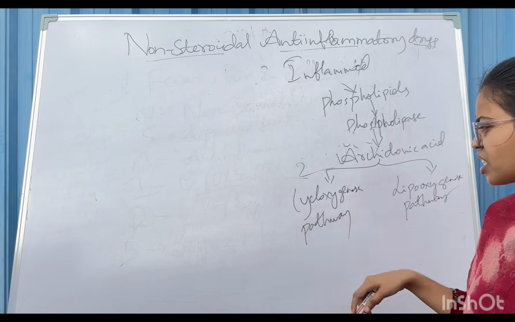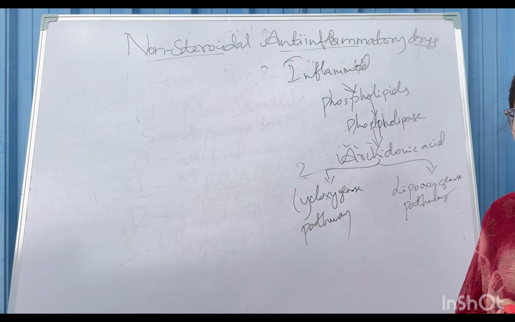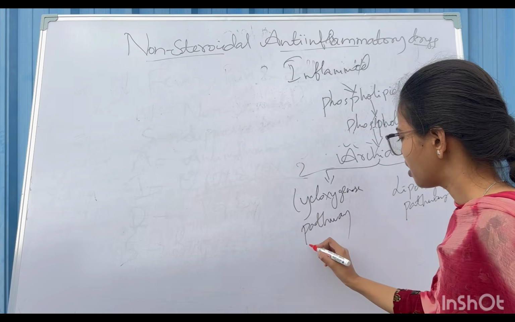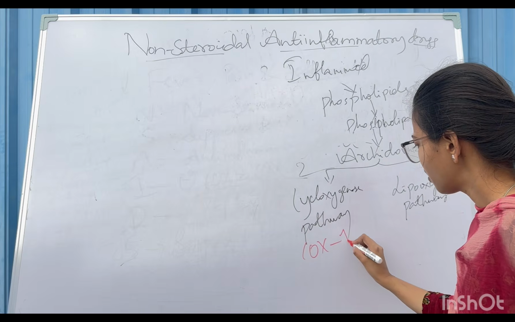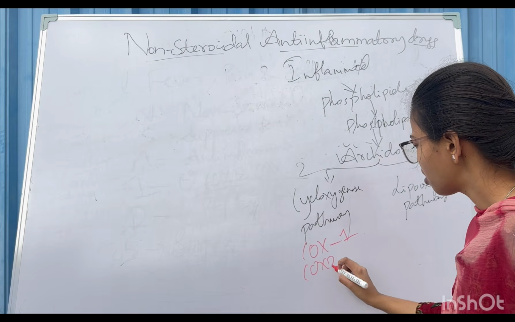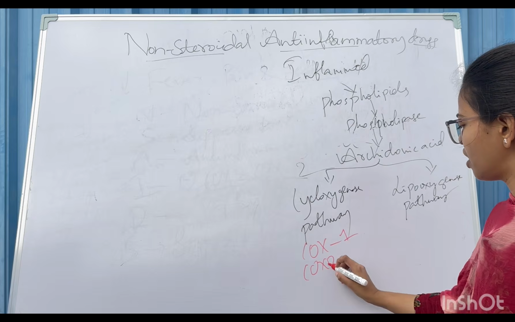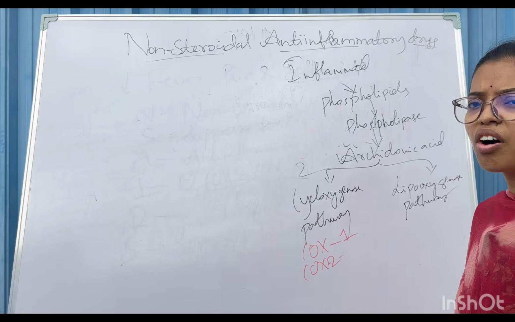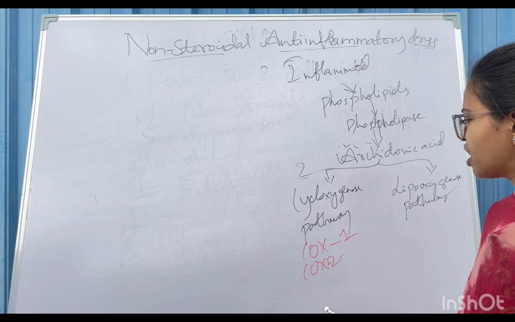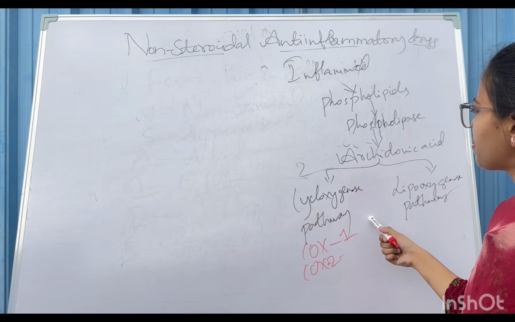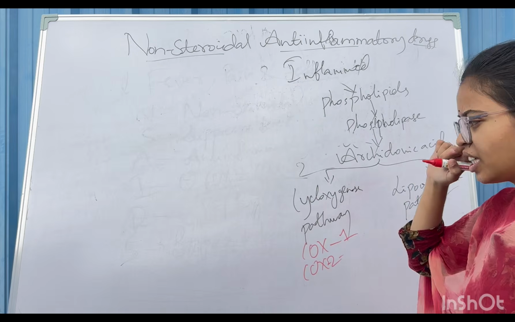In the cyclooxygenase pathway, it produces the COX-1 and COX-2 enzymes. Both enzymes are secreted by the cyclooxygenase pathway of arachidonic acid.